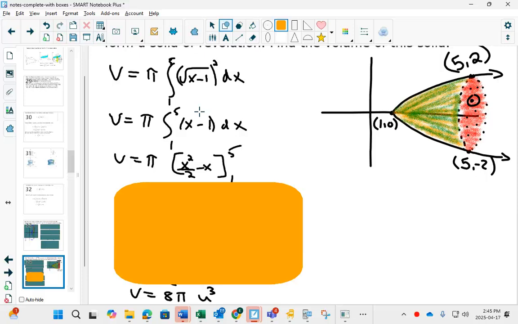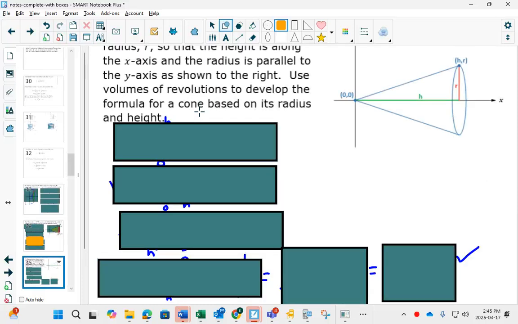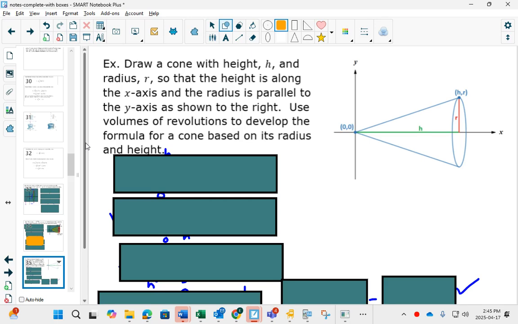I like the next question so much. Okay. Are we ready? Draw a cone with height of h and radius r.